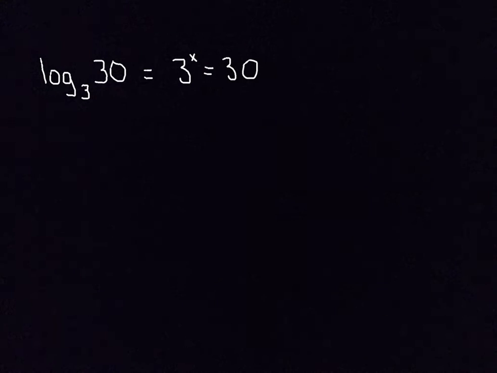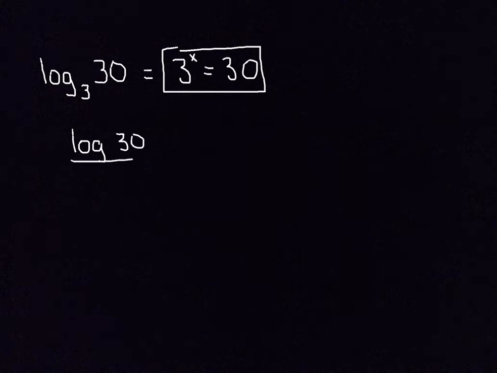And so 3 to what power is equal to 30, now it is an equation. And we do what we did last time. We take the log of both sides, which is simply just going to be this at the end, log in base 10 of 30 over the log of what the base was, 3. Now they're both in base 10, so now you can use your calculator. Most calculators won't do a log in base 3.